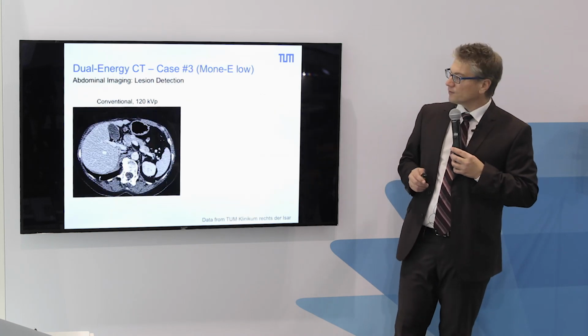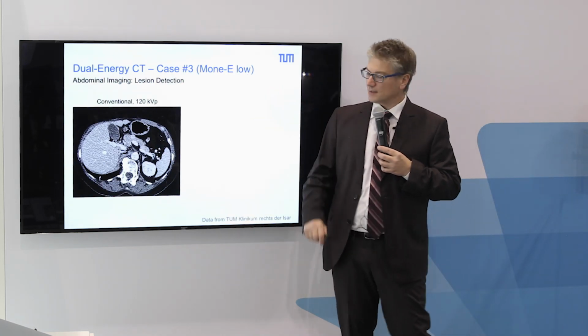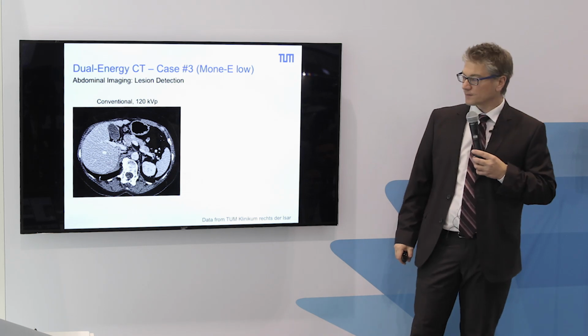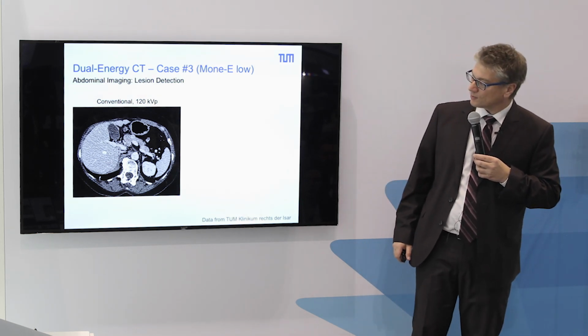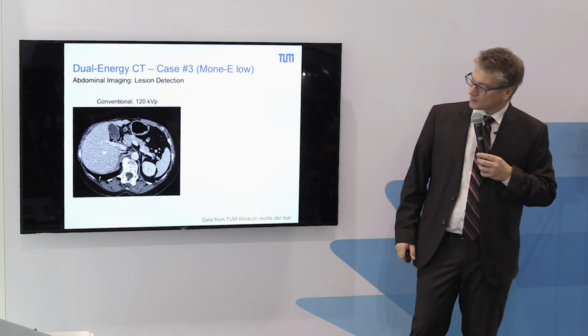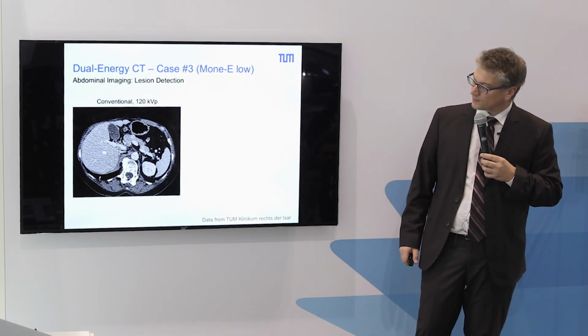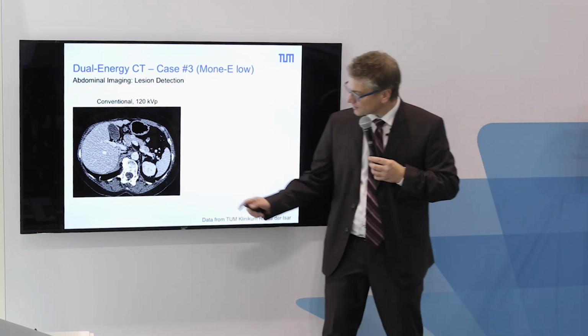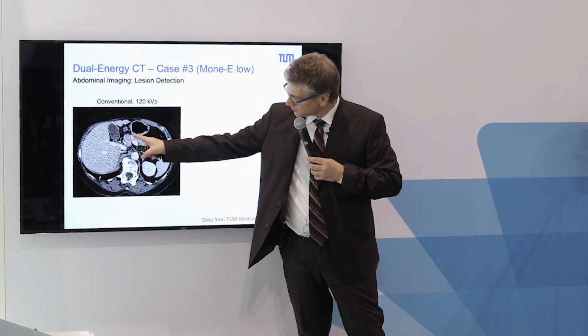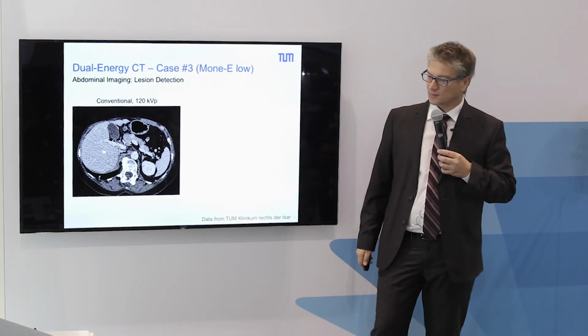Then using, for example, these mono-E cases that I showed before, that is a patient with a renal cell carcinoma, and he was there to figure out if he had any lesions also in the pancreas. And if you actually look very closely, you can see here something that shouldn't be there in the conventional image.